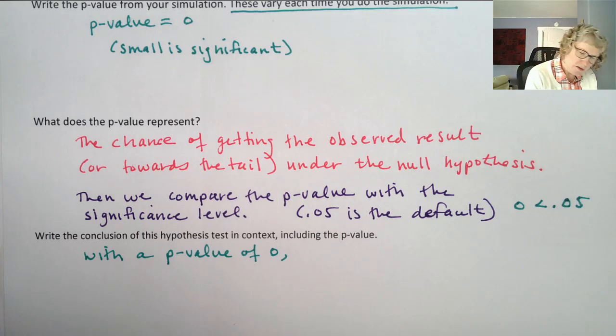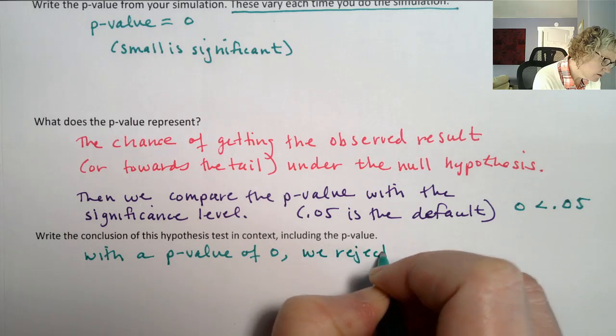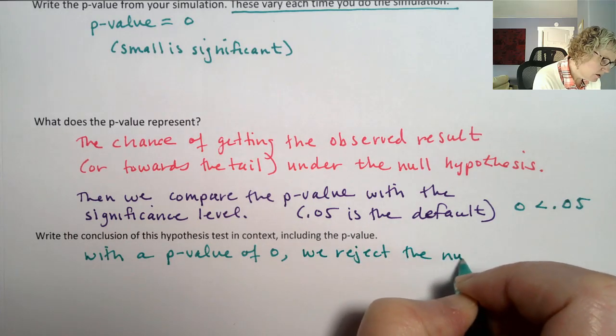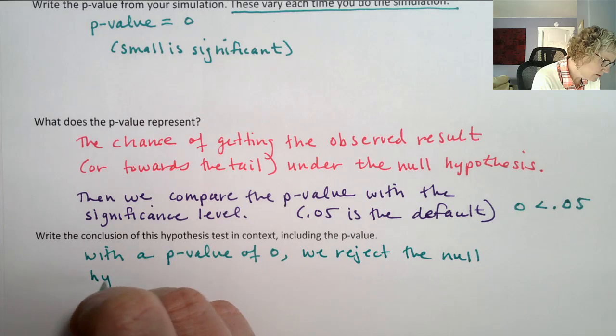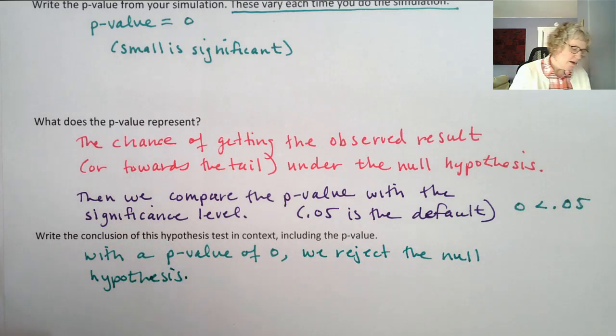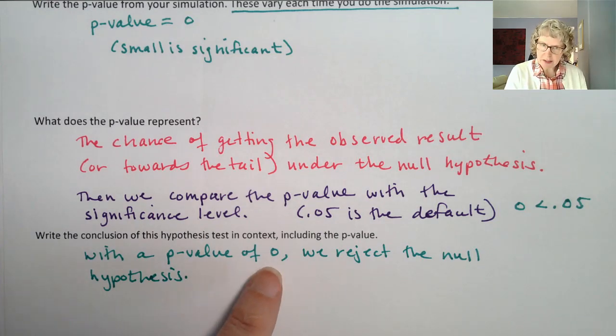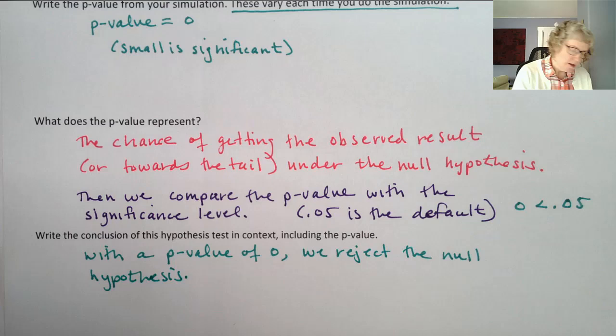With a p-value of 0, we reject the null hypothesis. And then we talk about the evidence. We have evidence or we don't have evidence for the claim. With a p-value of 0, that's very strong evidence. We can also talk about the strength of the evidence.